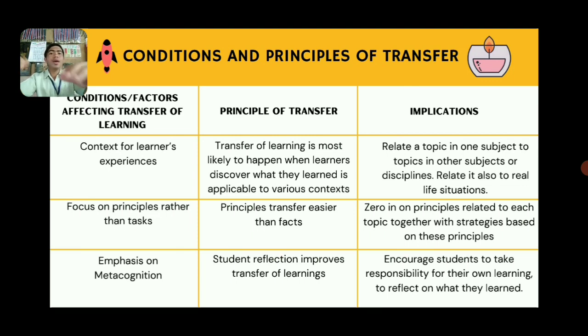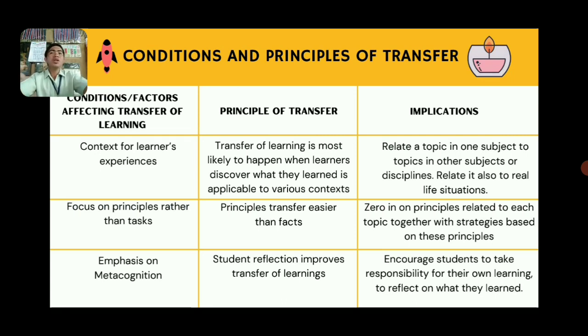Our learnings in making essays, papers, or documentaries will be useful in making a thesis or any research papers. So we need learners to discover the importance of this concept, of this topic that we discussed. And another thing is to relate it to real life situations.